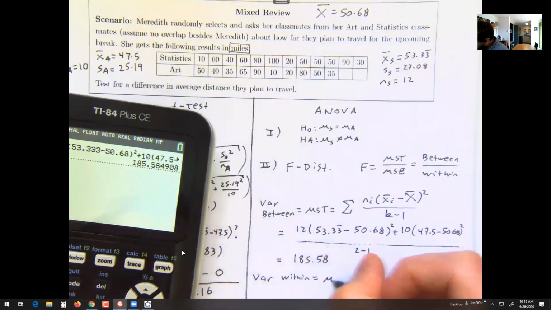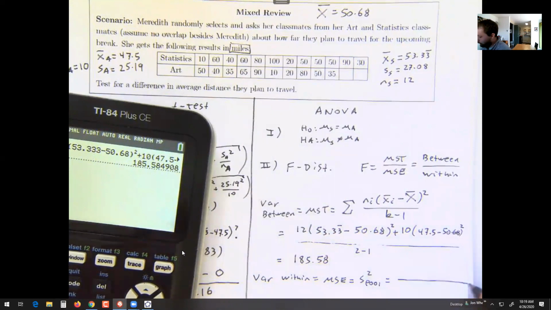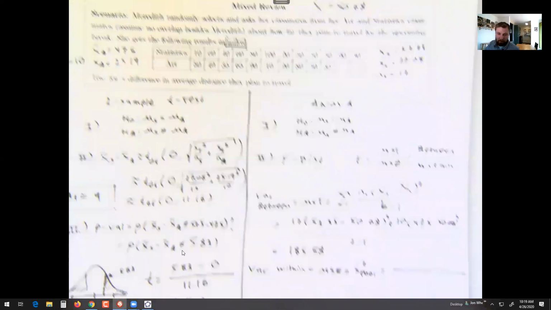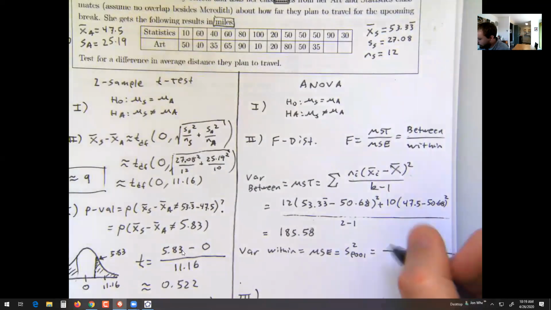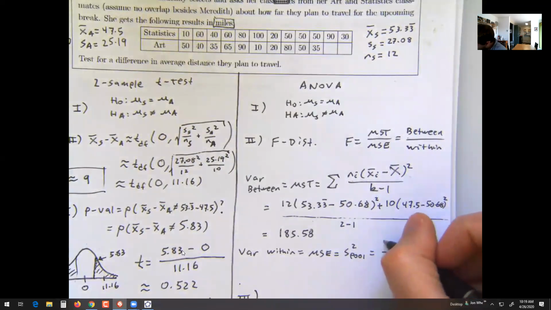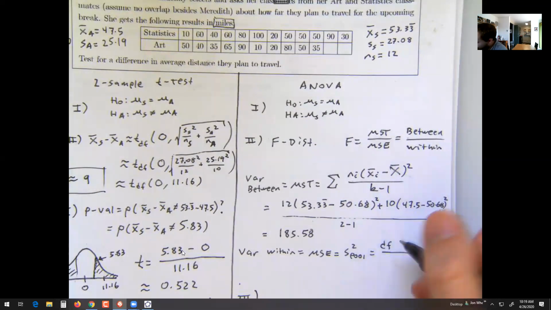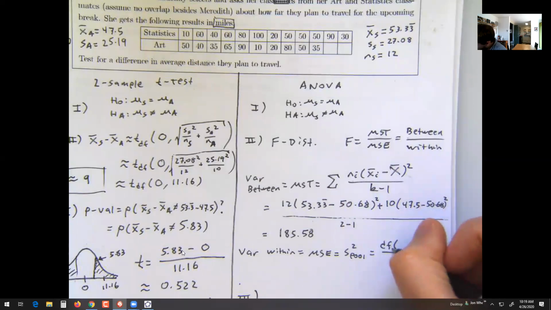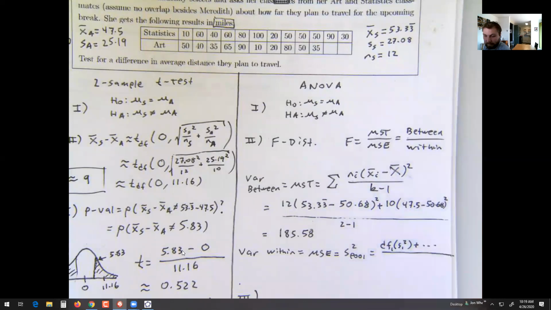Let's find the variation within. This is the mean square of my errors. This is my pooled variance. So the way I find my pooled variance is I take each of the individual degrees of freedom, I multiply those degrees of freedom by their standard deviation squared, I add them up, and I divide by the total number of terms minus the number of groups.